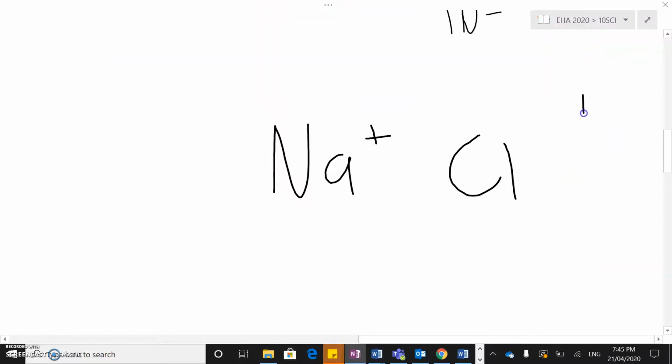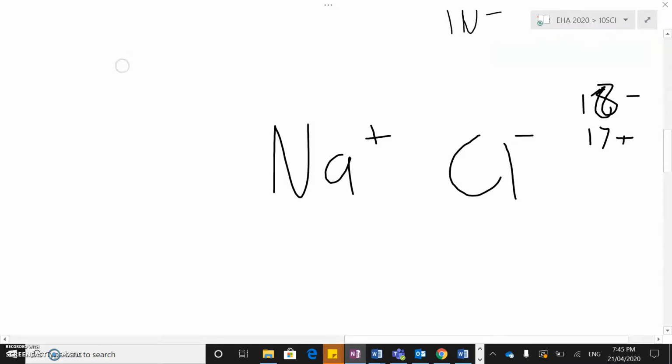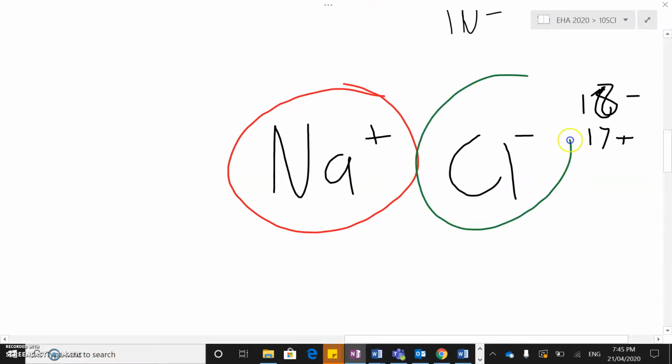So 18 electrons and 17 protons cancel, and we're left with a negative charge of 1. So we have a sodium ion, or a cation because it's positive, pairing with a negatively charged chlorine ion, which is known as an anion. That's how they live. That is it.